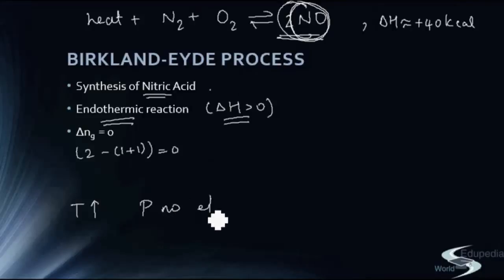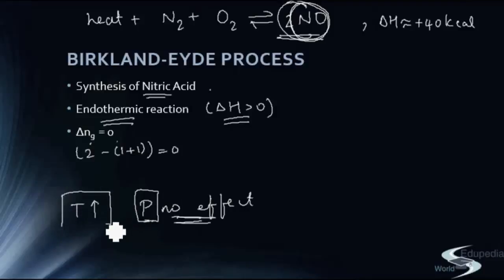So we won't worry about pressure values because pressure does not change the state of equilibrium as delta Ng is equal to 0. But temperature needs to be kept high because it is an endothermic process. It absorbs heat, so increasing the temperature will help it move in the forward direction.